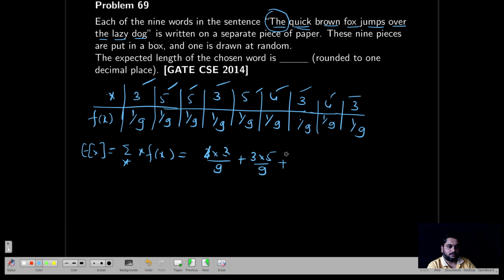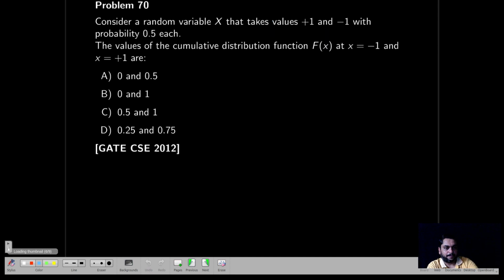There are 2 4s, 2 into 4 by 9. So this will be 12 plus 15 plus 8 by 9, which is 34 by 9. This is the answer. So convert it into decimal and then place it.